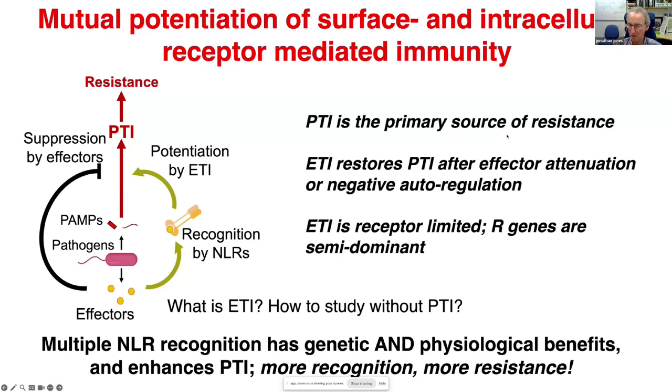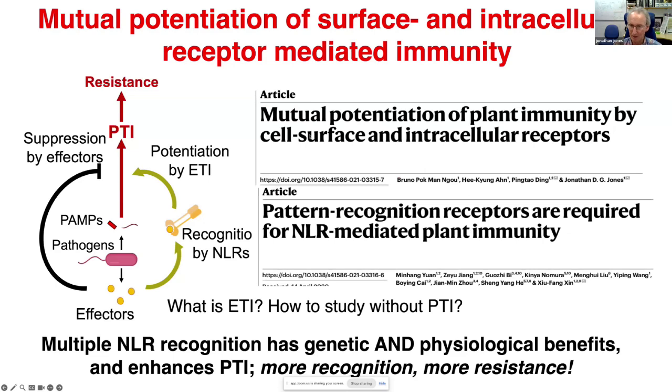PTI is probably the primary source of resistance. The ETI is receptor limited because most R genes are semi-dominant. Anyway, we call this mutual potentiation, and there's 2 back-to-back papers on this from 3.5 years ago now. Big shout out to my former student who's doing great work now in Ken Shirasu's lab, Bruno.